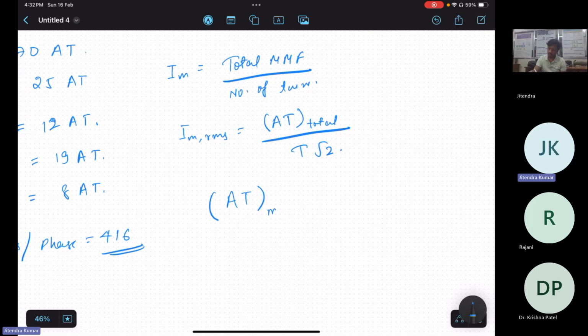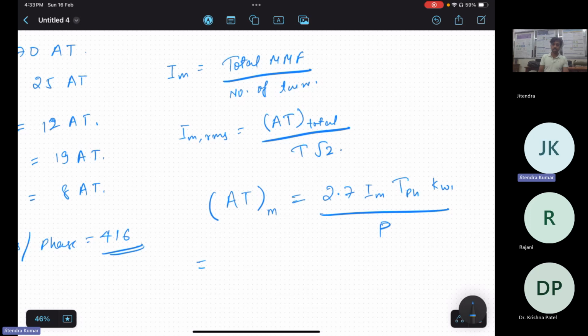Ampere turns amplitude loading, because if the flux is sinusoidally distributed in terms of MMF, its expression is derived as 2.7 times Im T phase into winding factor divided by number of poles.